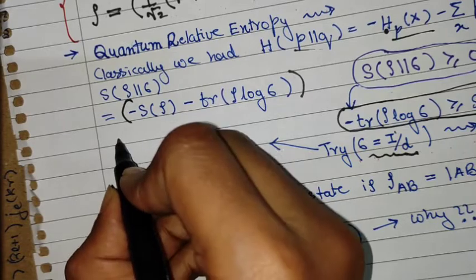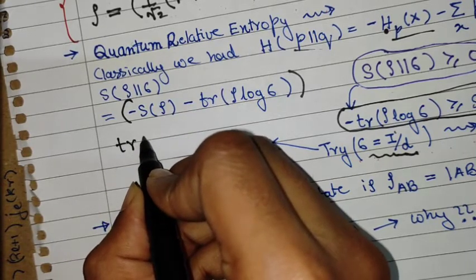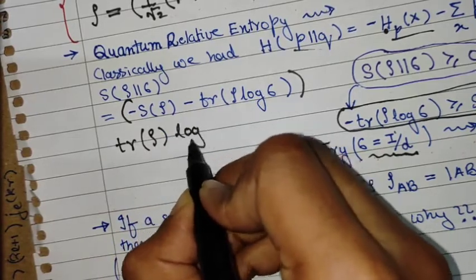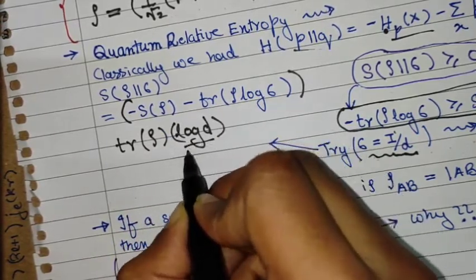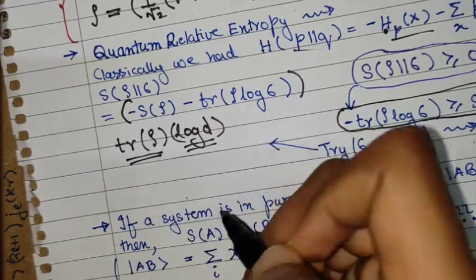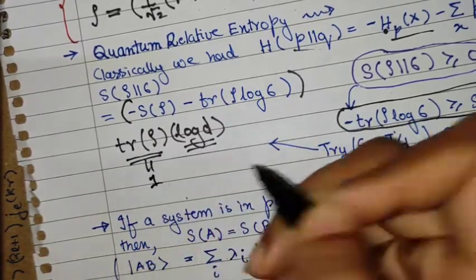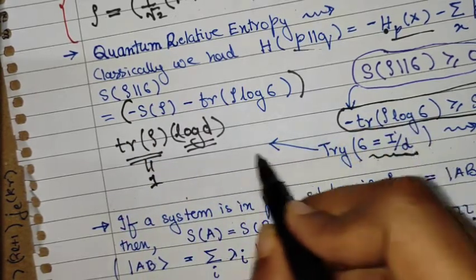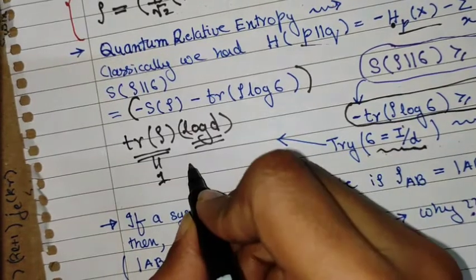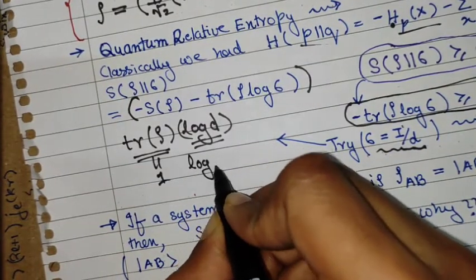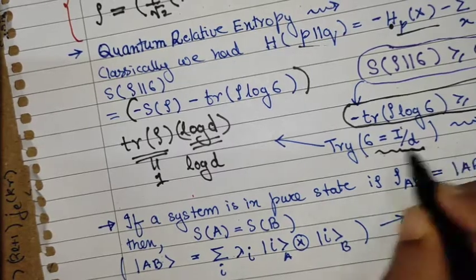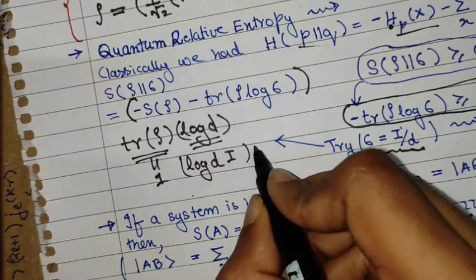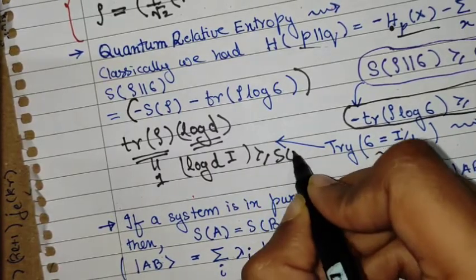So we get trace of rho times log d, because log d is a number and this is the trace operation. But this is equal to 1, because the trace of a density matrix is 1. So what I get is only log d. So the final result is that log d times identity is always greater than or equal to S of rho.